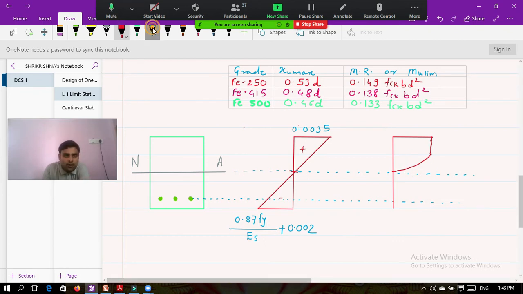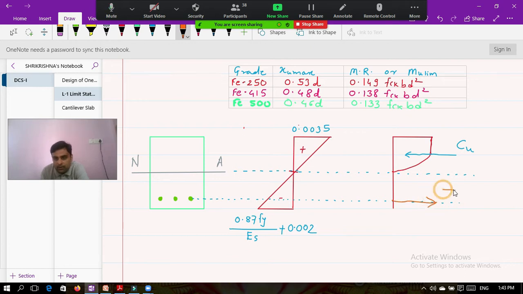Now if I draw the compressive force, it will be located somewhere here. This is the compressive force. We give this force the notation Cu, and here at the level of the reinforcement the tensile force is there. This tensile force we call Tu.